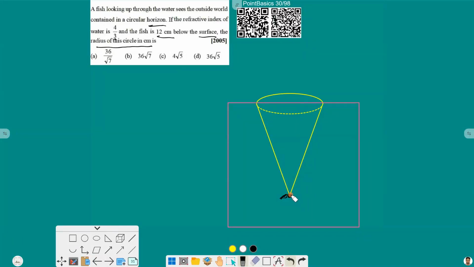Why? Because suppose some light is coming from here, then it will go like this. It will not reach the fish. Or basically, if we reverse the condition, suppose the fish has a torch, and if he lights the torch at angle theta with the vertical, then after a certain value of theta, light will graze through this surface like this, which means total internal reflection will happen.